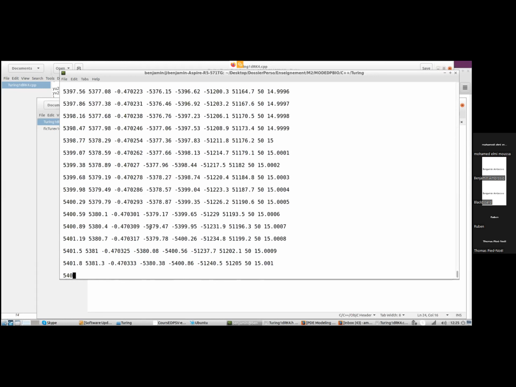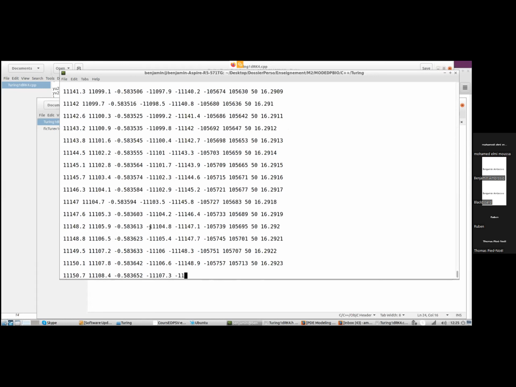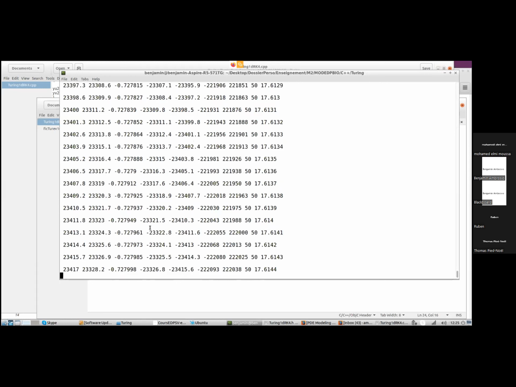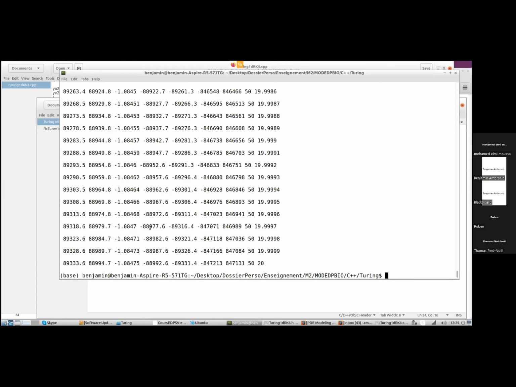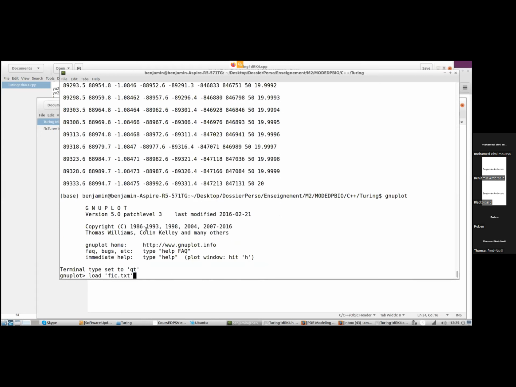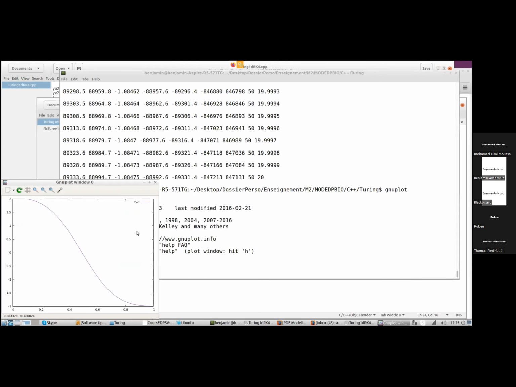I tried to take a smaller space step, and let's look at the solution now.